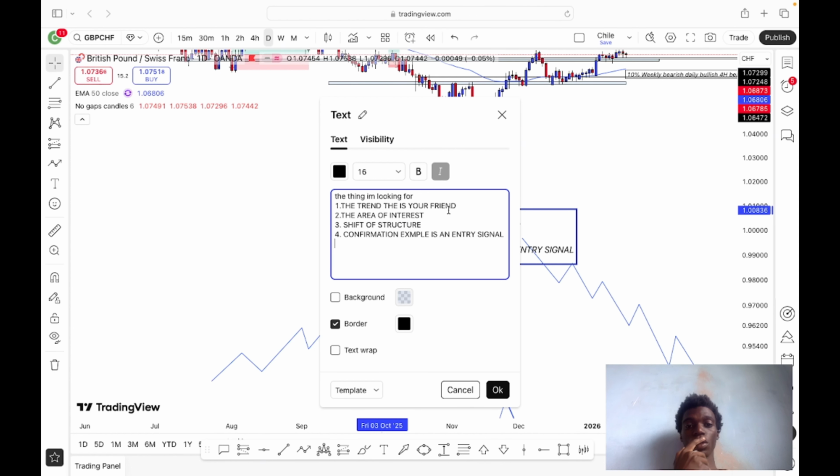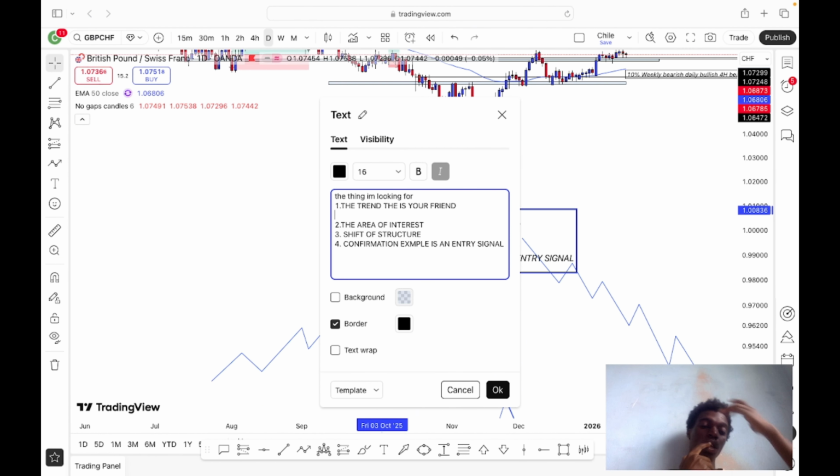So if we go on the trend here, how can we find the trend? The trend, I put it in three categories. When I'm looking for a trend, I have to find three time frames which are in sync.